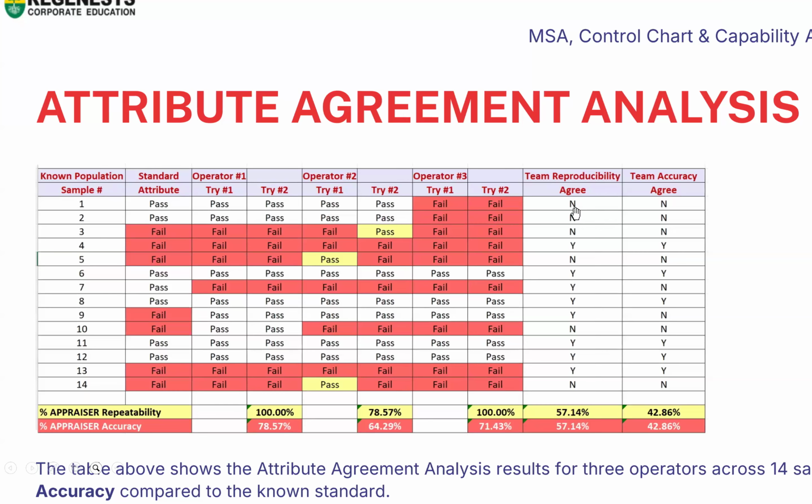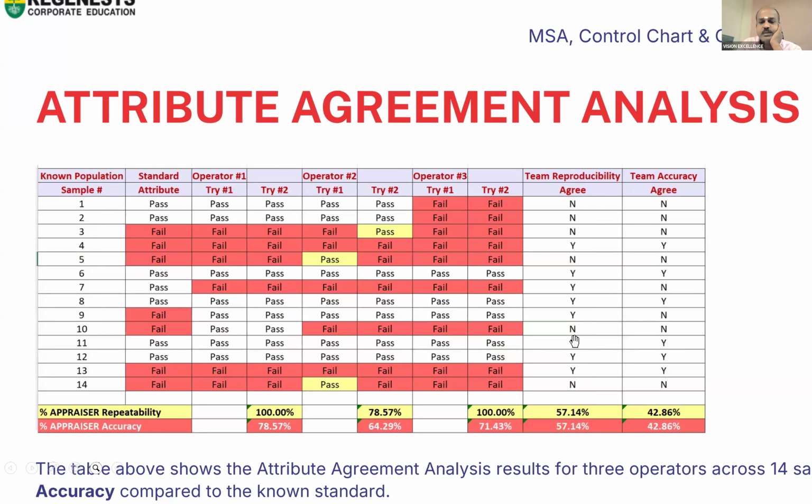That means without team reproducibility, you cannot have team accuracy. So team reproducibility is important. You have to achieve it. See, it's a matter of consistency. We all have to align to one single procedure. Then reproducibility will come. So team accuracy is 42%.